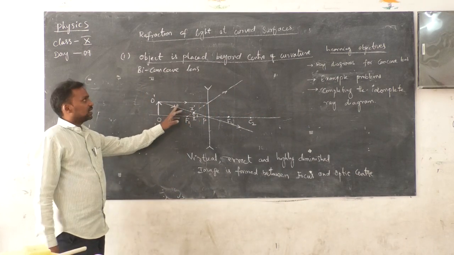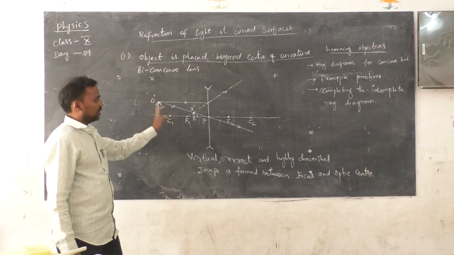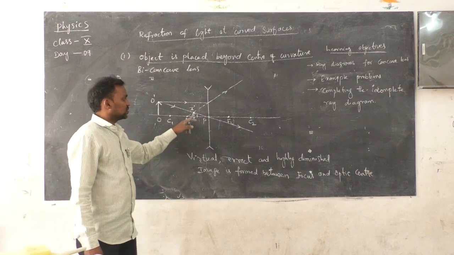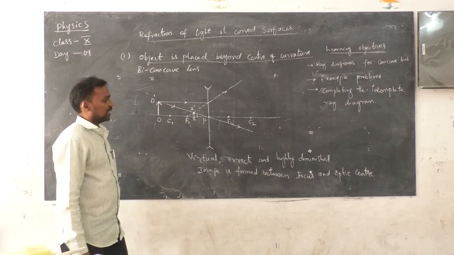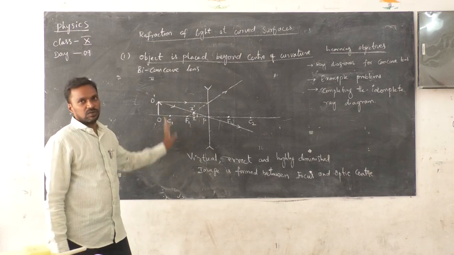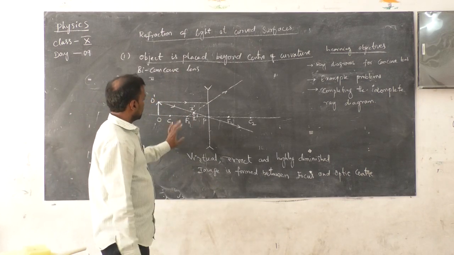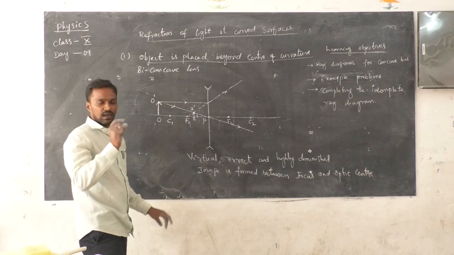So when the object is placed beyond the center of curvature, the image is forming between the focus and the optic center. So this is a highly diminished image, a virtual and erect image. So this is case one. In this one we are forming an image between F and P, virtual, highly diminished.